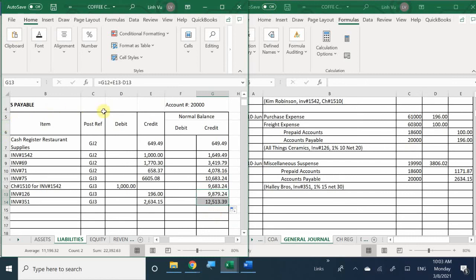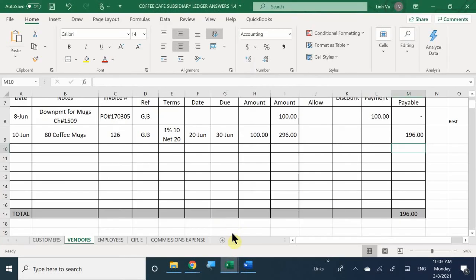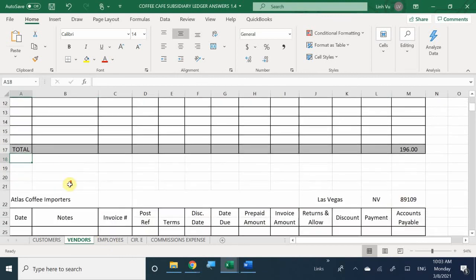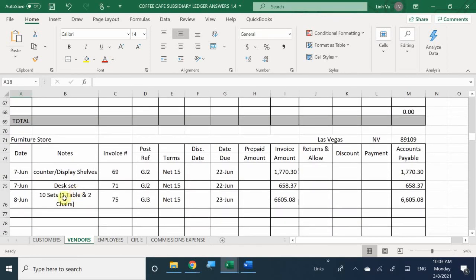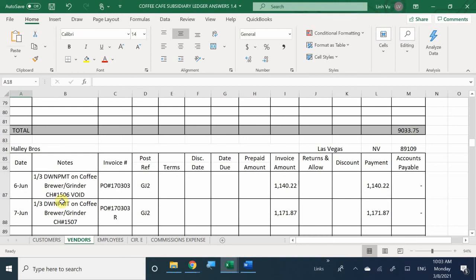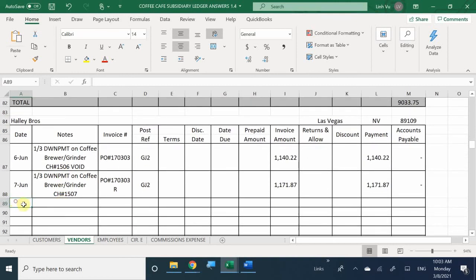Okay? Now that I finish my ledger, I can go ahead and go to my subsidiary ledger, because now I'm dealing with Haley Bros. So again, if I scroll down and locate Haley's Furniture, there we are, Haley Bros. Okay.